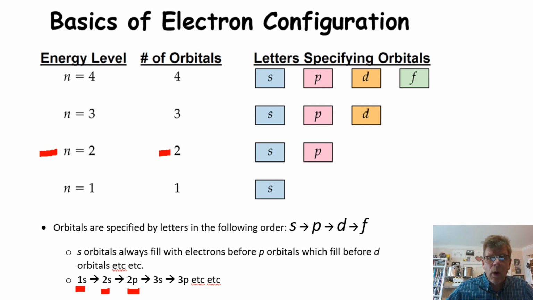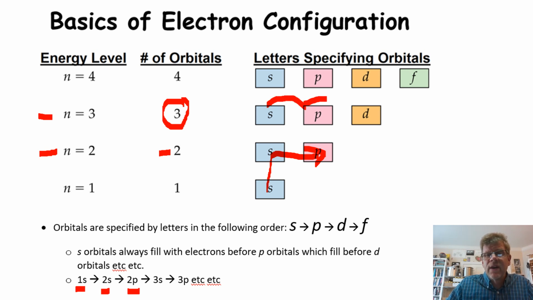So really what we did was we went from 1s to 2s to 2p, right? Then we're done with energy level 2. And if we still have electrons to stack around that nucleus, we may not, but if we do, then we have to start with energy level 3. And that energy level 3 has 3 orbitals, and they go 3s to 3p to 3d.